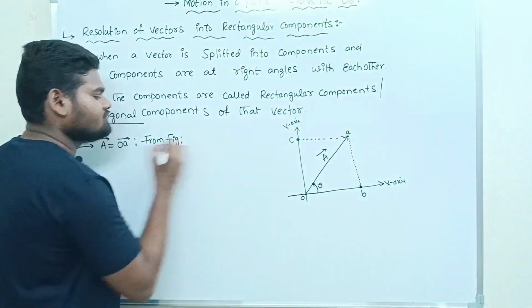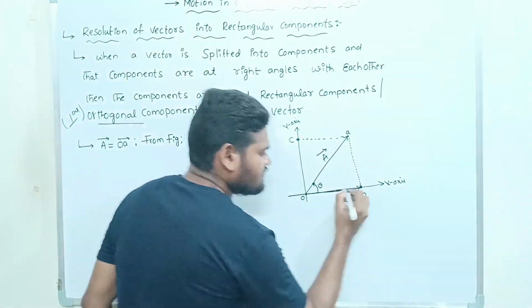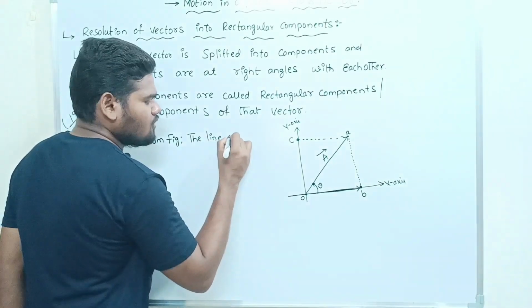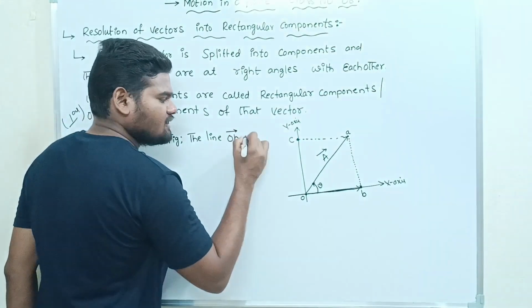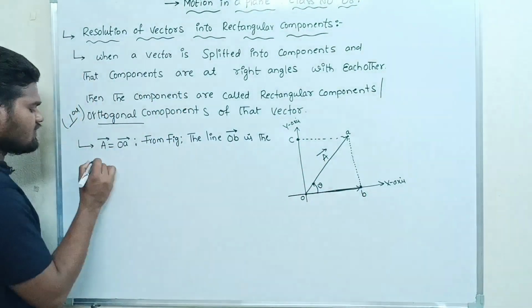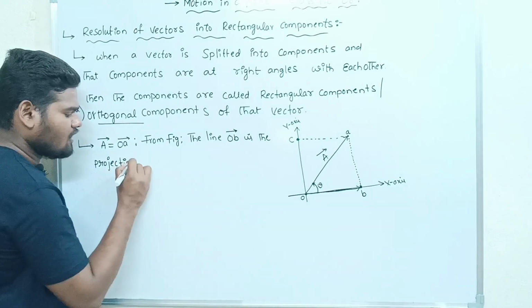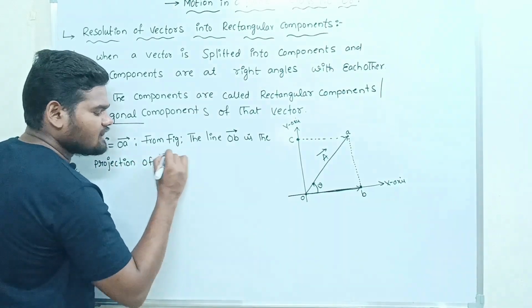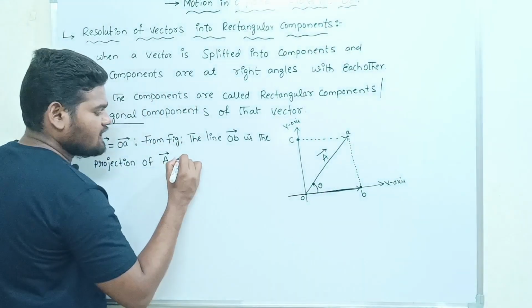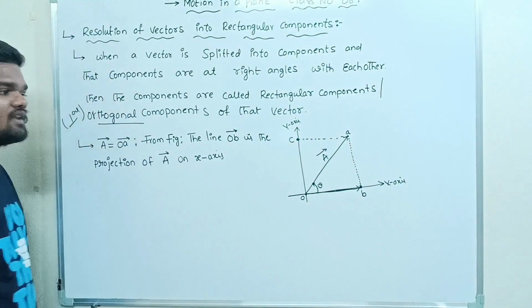From the figure, the line OB is the projection of the a bar vector on the x-axis.